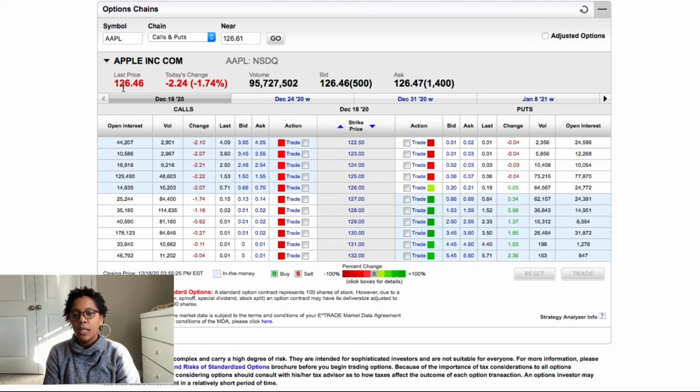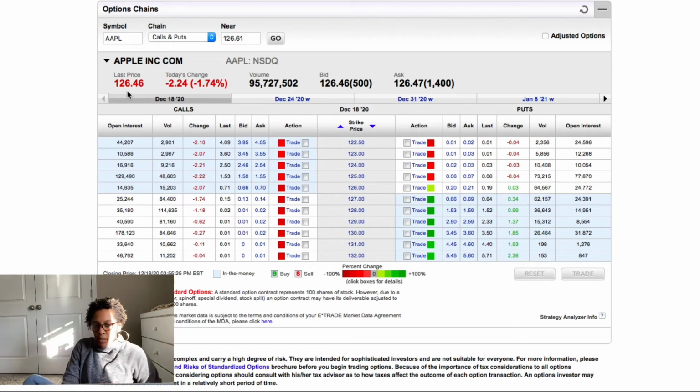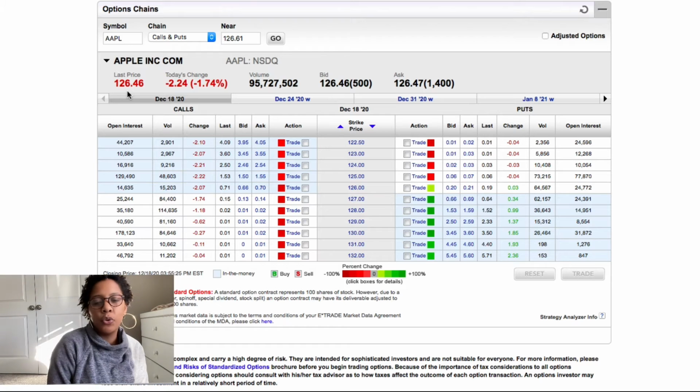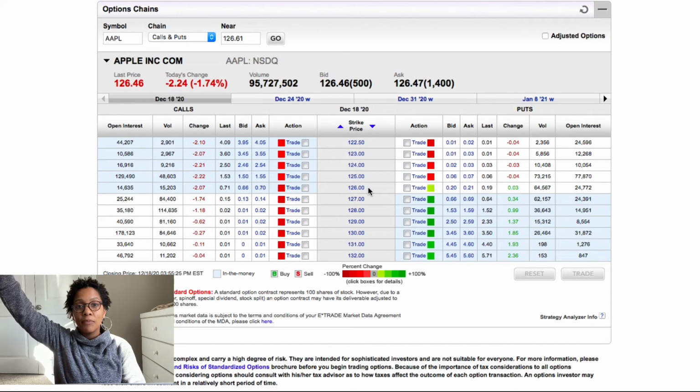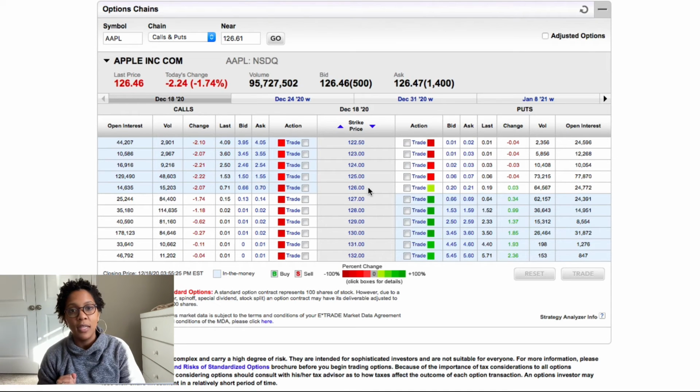Okay, so for puts, right now you're thinking the stock is going to go down. So when you're selling, it's the opposite strategy. You would like to sell high and buy the shares back low, and you get to keep the difference that you make. I think Apple is going to go down to $120. So I would like to buy this put for $130.